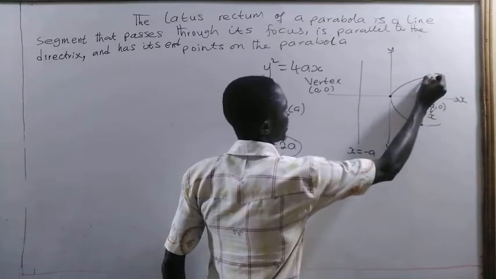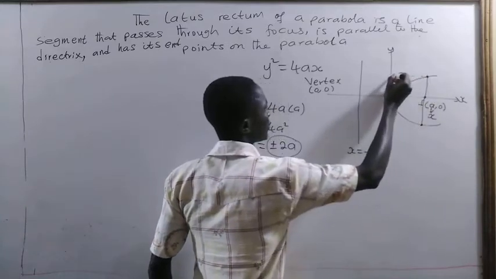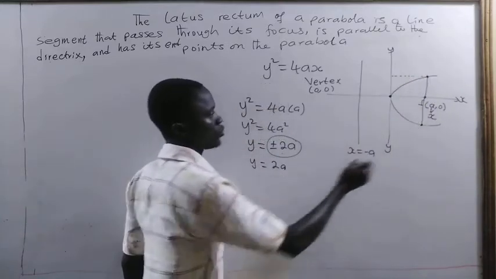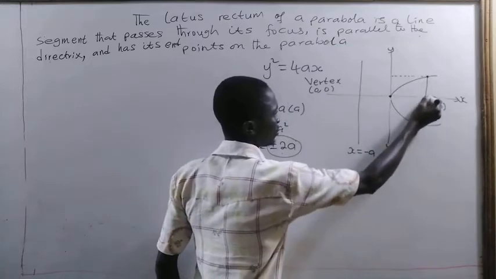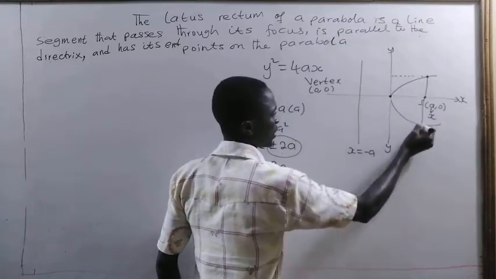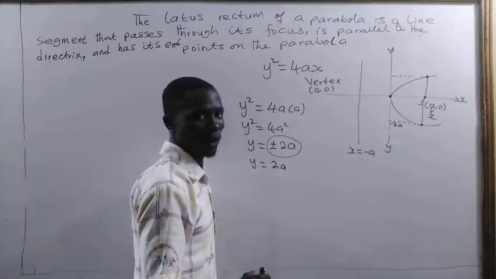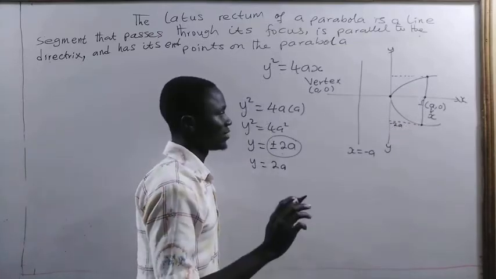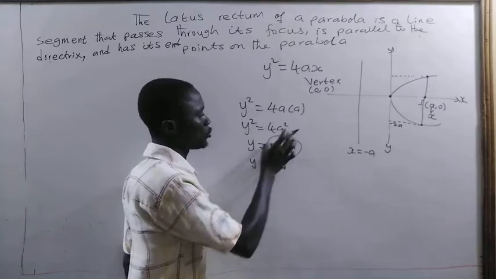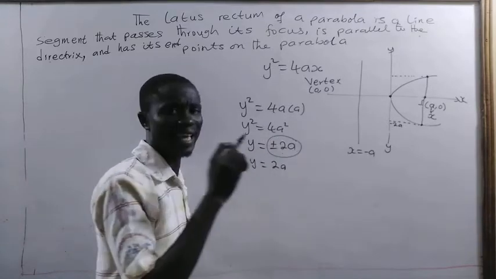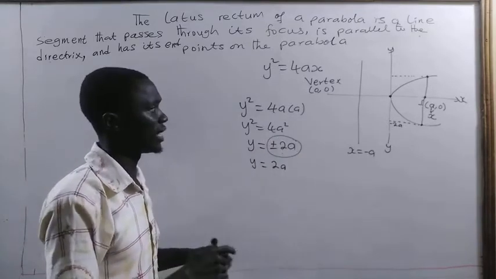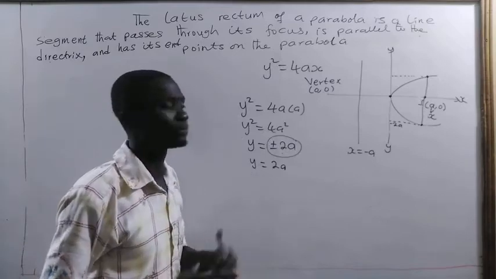That is from here to here is 2a. And y equals negative 2a. That is from the focus to this point is negative 2a. Wow. So here, y equals plus or minus 2a gives us the endpoints of the Latus rectum.